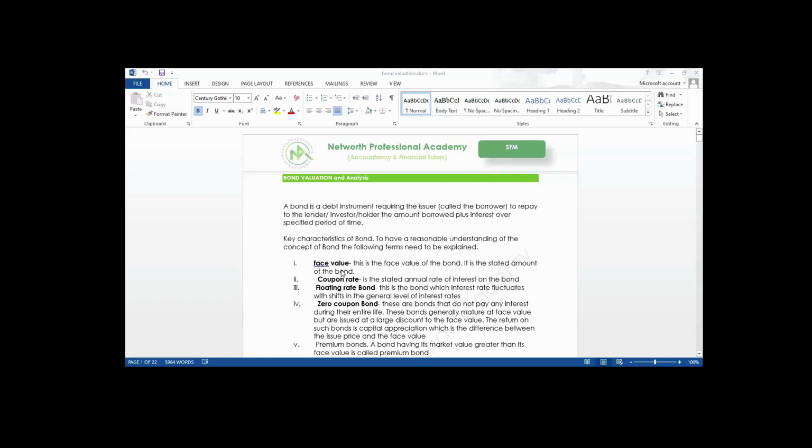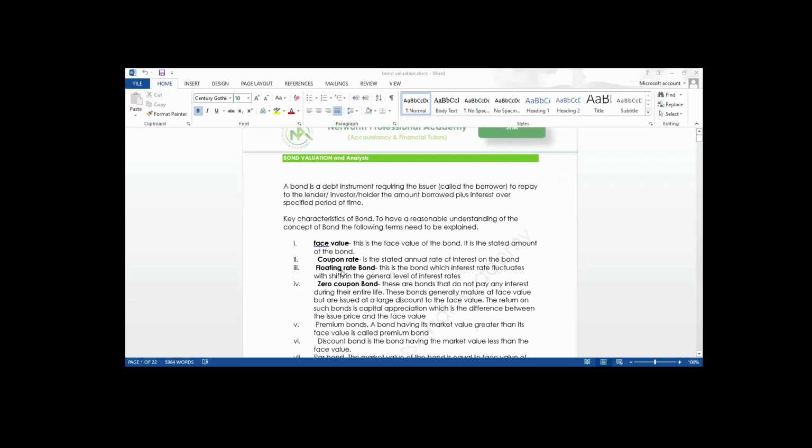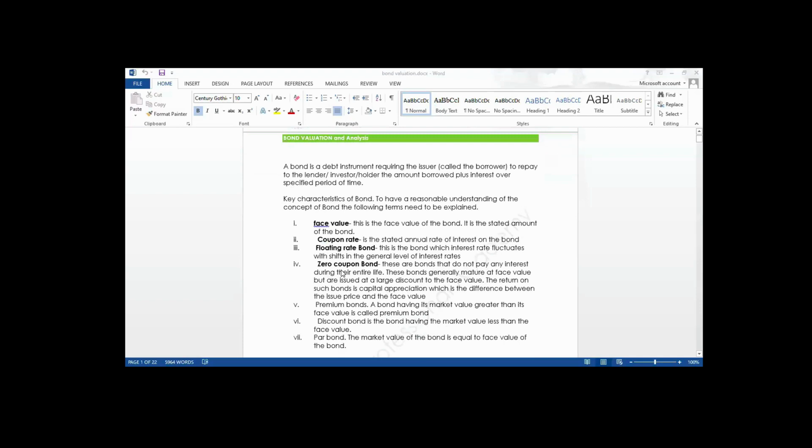We talk about premium bond, where the market price of a bond is greater than the face value. That is called premium bond.